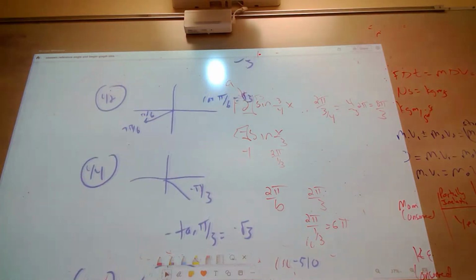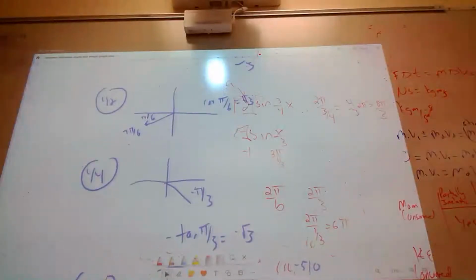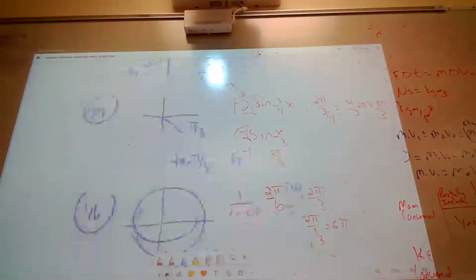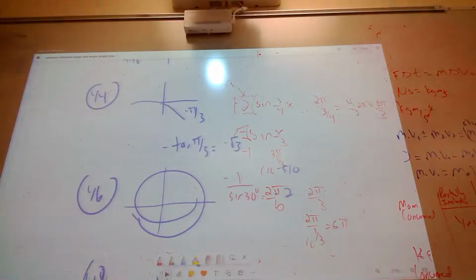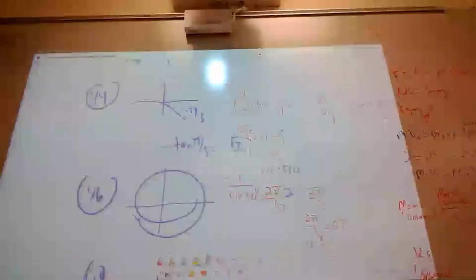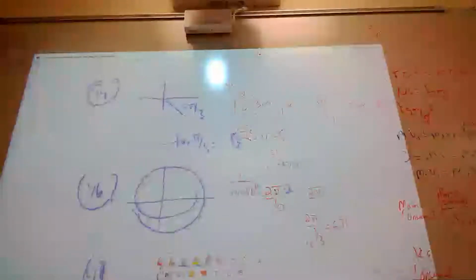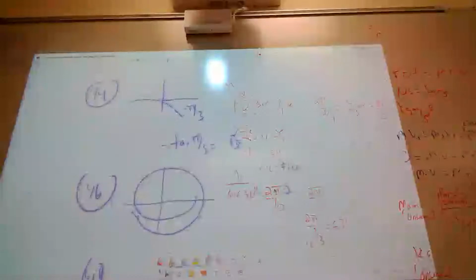You stick the negative in. 46, Kaylee? Good. We had cosecant negative 510. Our reference angle is 30. So we get negative 1 over sine 30, which is negative 2. 48, Jaden? Oh, did we stop there? Okay.